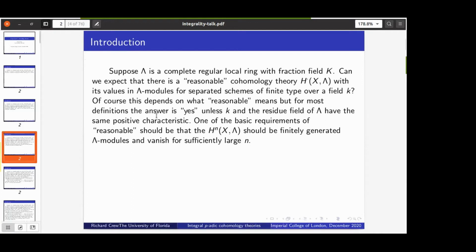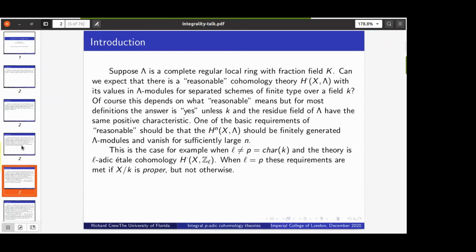One of the basic requirements of reasonable should be that the H^n(X, Λ) should be finitely generated Λ-modules. They should vanish for sufficiently large n. And I suppose also negative n's, although as long as they're bounded in some way.